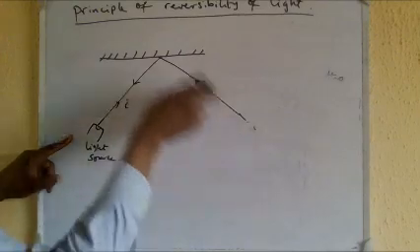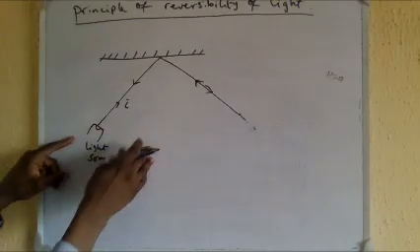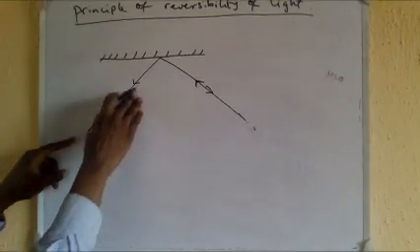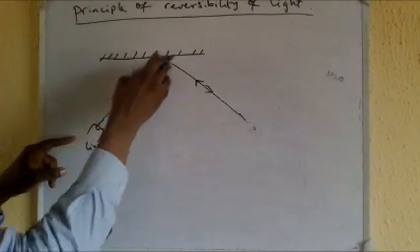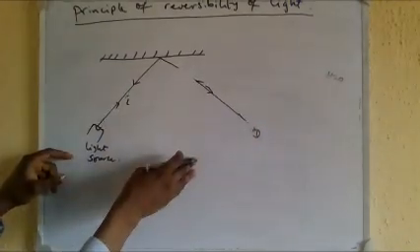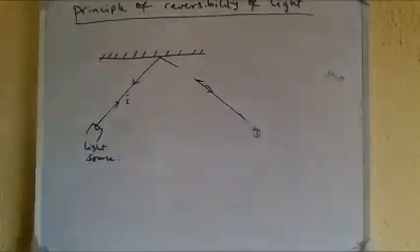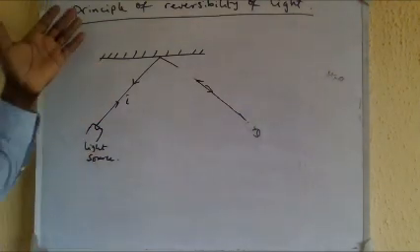That means incident at this point can become reflected at this point. That is the principle of reversibility. I can reverse the way I see the light ray. If my point of reference is here, this is the incident ray, and I can still maintain this ray structure and be here. It's a general principle in optics known as the principle of reversibility of light.